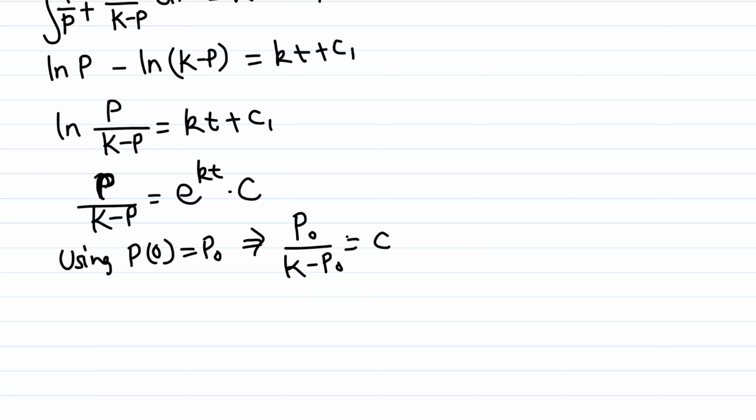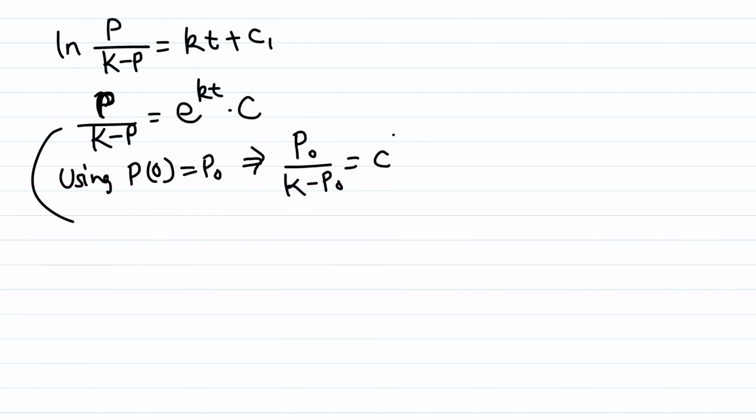Okay. Now we want to solve for P, this one. C is this fraction, so I'm going to just leave C for now. From here, let's cross multiply. I have it all over 1, so P times 1, P equals K minus P times this one. So C e^(kt) times K minus C e^(kt) times P. Here is P, so add this term to both sides.